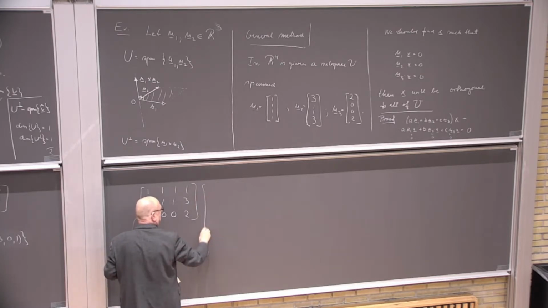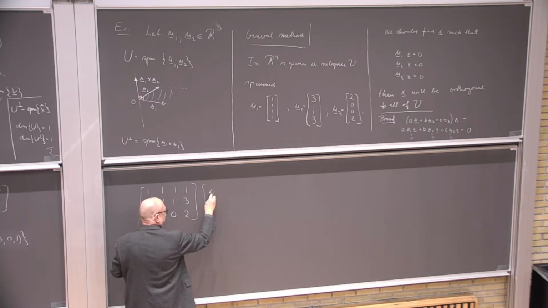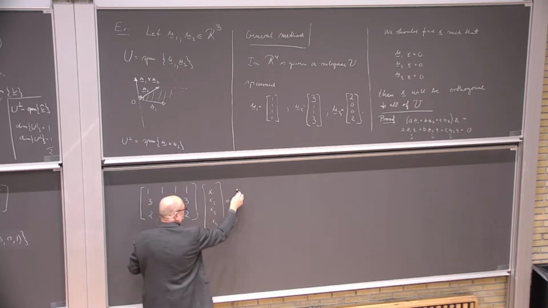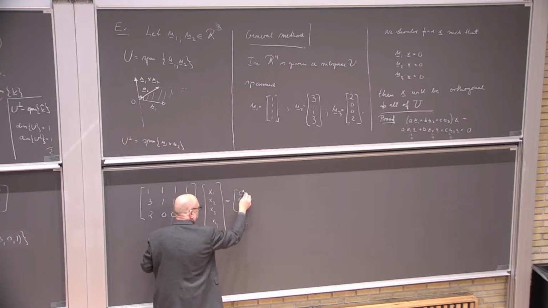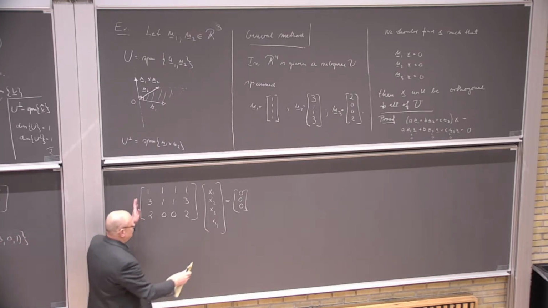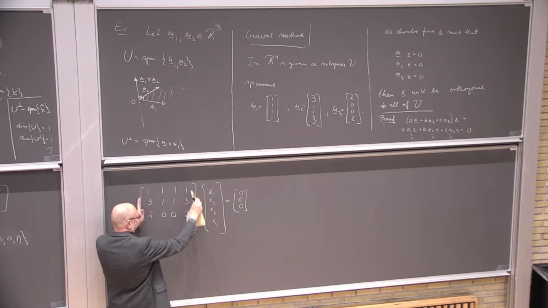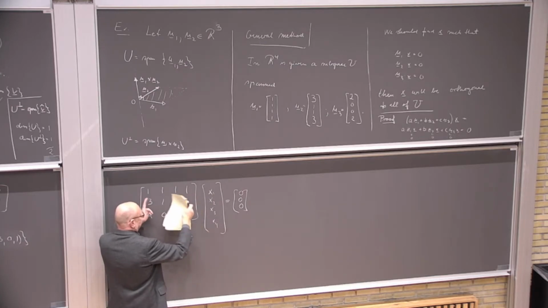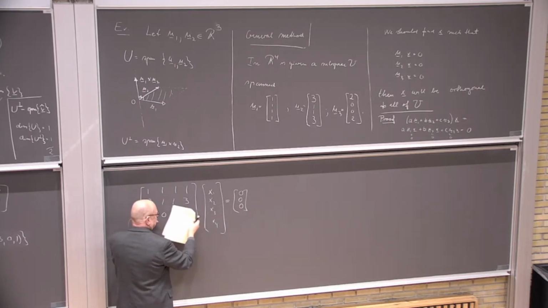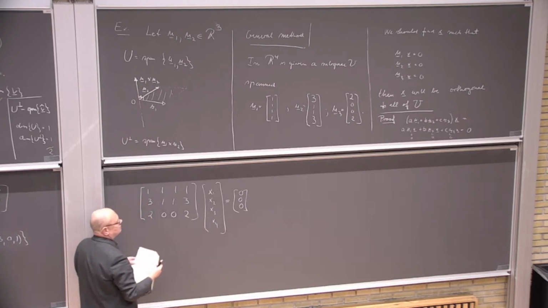And then I multiply this by my x vector, with the coordinates x1, x2, x3, and x4, and this should be equal to 0. If you multiply this into the matrix, the first row is U1, so you get U1 dot x, and this should be 0. U2 dot x is the second row, and U3 dot x is the third row.